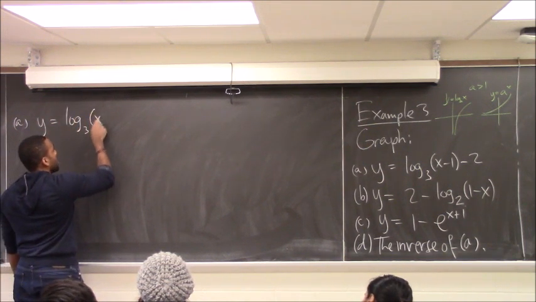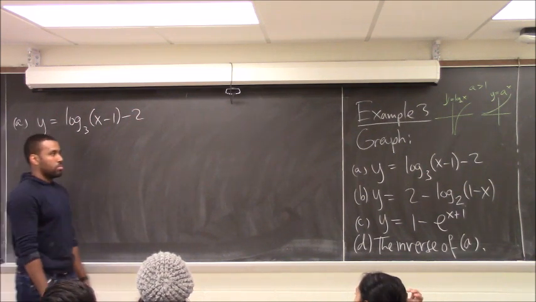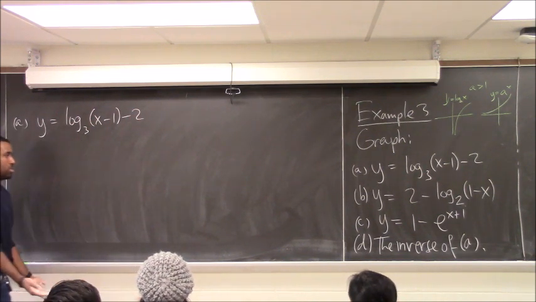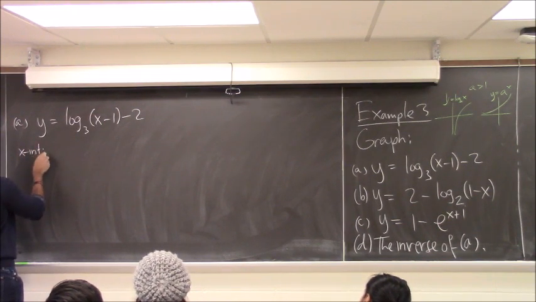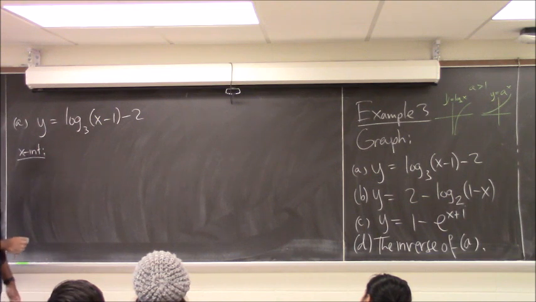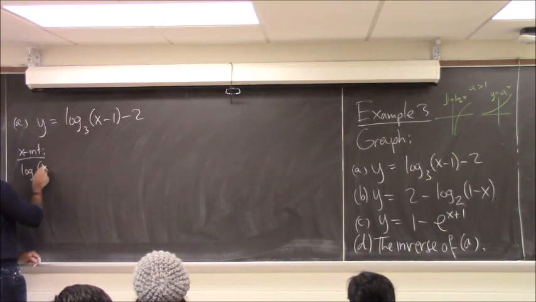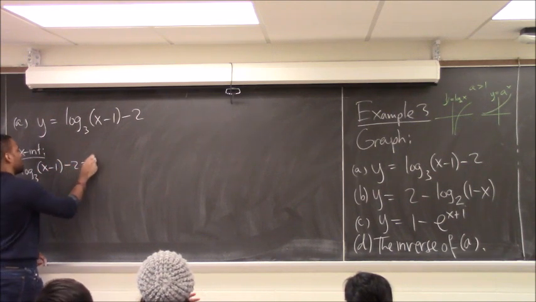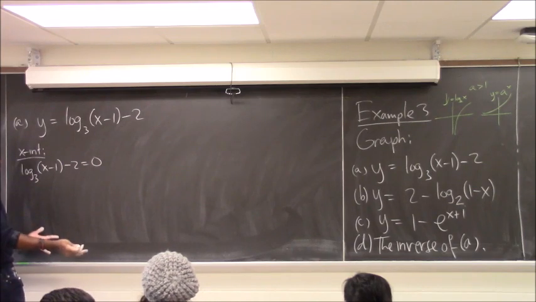So when it comes to graphing, what are convenient points? The intercepts, right? Same thing with quadratics. You want to find the intercepts. So say I wanted to find the x-intercept. How do I find the x-intercept? Set y equals 0, solve for x. Always how you find the x-intercept. This gives us a log equation, which now we're experts at solving.